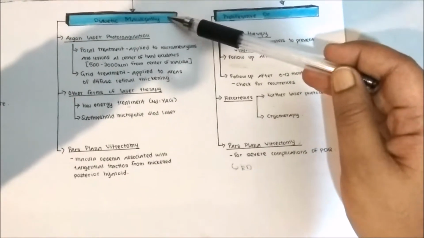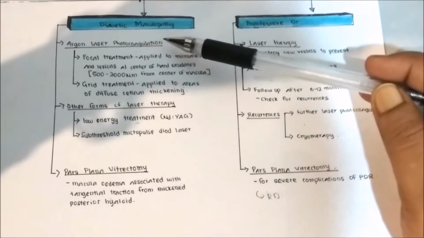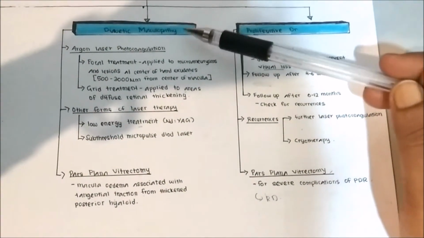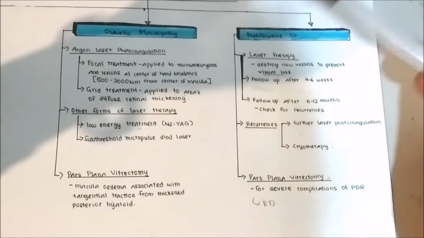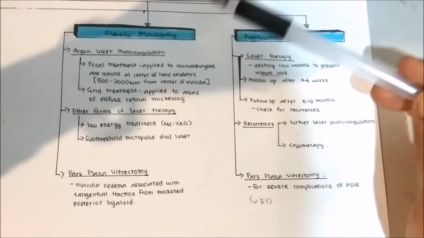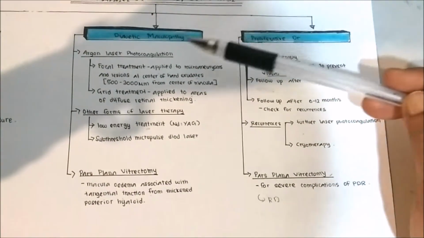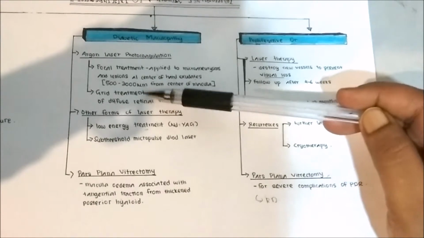The second is, if the patient is having diabetic maculopathy, we can treat it using laser photocoagulation. This can only be done by ophthalmologists. In this condition, we are treating to reduce the edema, to reduce the leakage of the blood vessels which is causing the edema. For laser photocoagulation, we have 2 types: focal treatment and grid treatment.